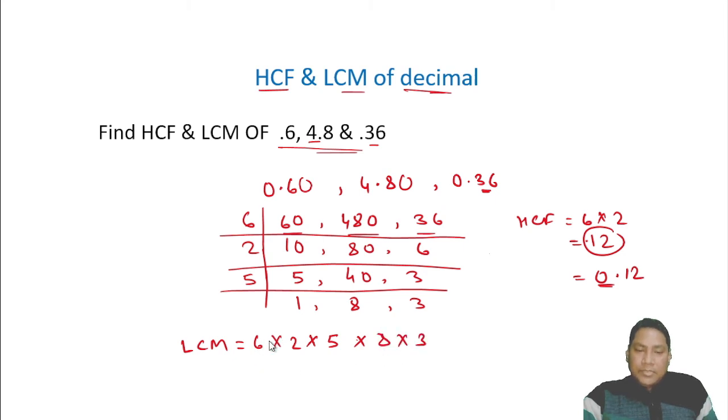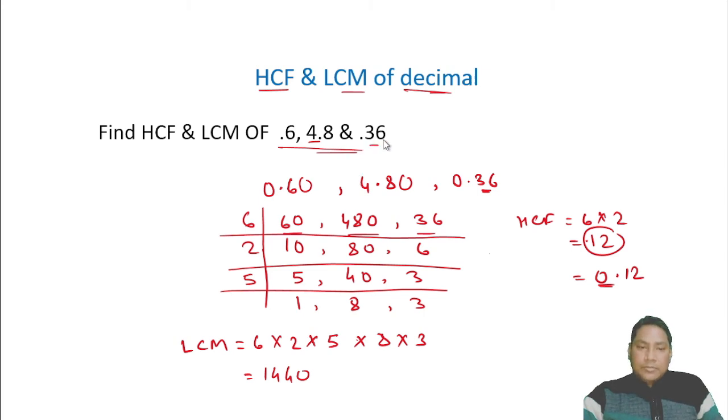If we multiply, 6 2s are 12, 12 5s are 60, 60 8s are 480, 480 3s are 1440. For taking out the LCM of decimals, we will put the decimal where it was.